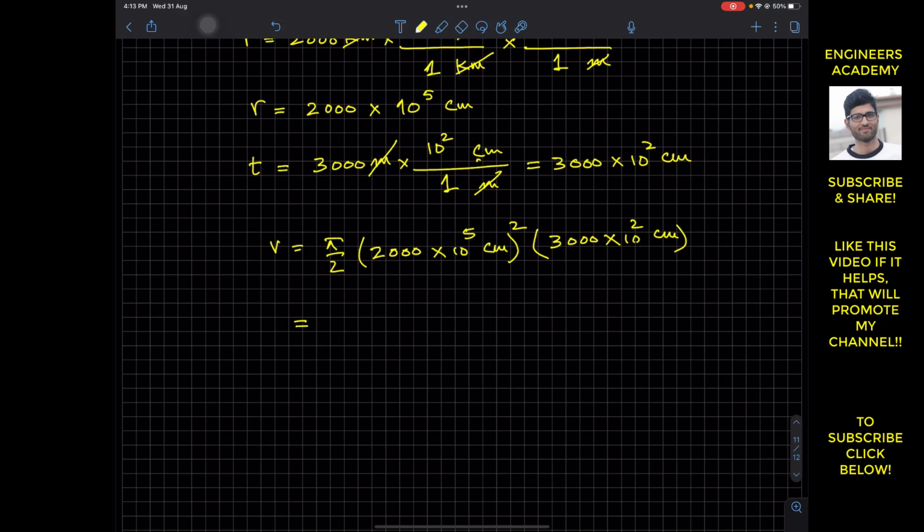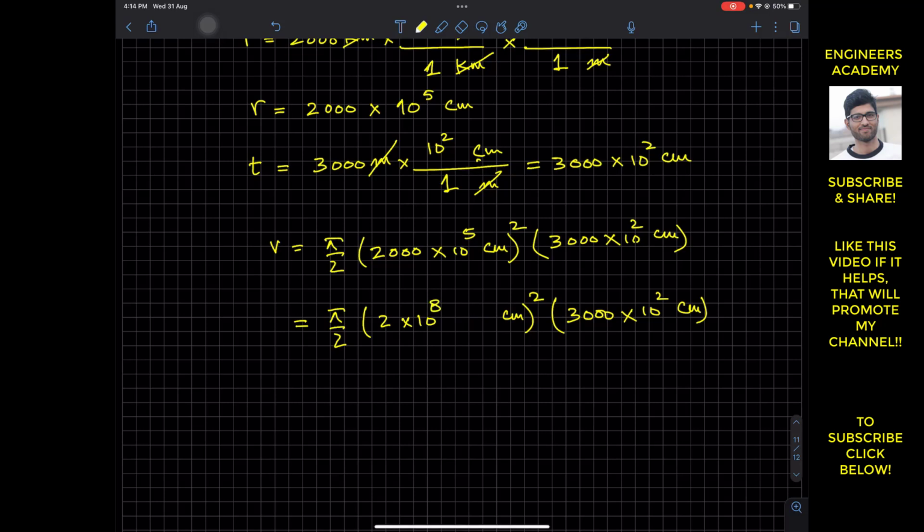We can write this as pi divided by 2, and let me split the 2000 as 2 into 10 raised to the power 3 into 10 raised to the power 5 centimeters, squared, times 3000 into 10 raised to the power 2 centimeters. 10 raised to the power 3 into 10 raised to the power 5 is 10 raised to the power 8.